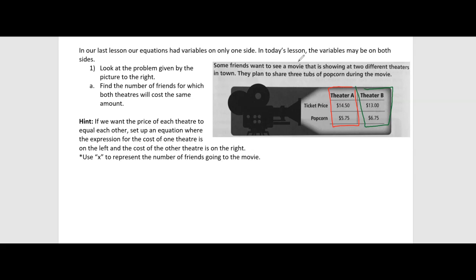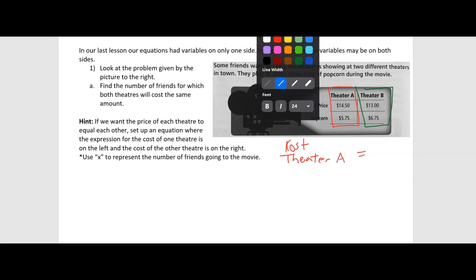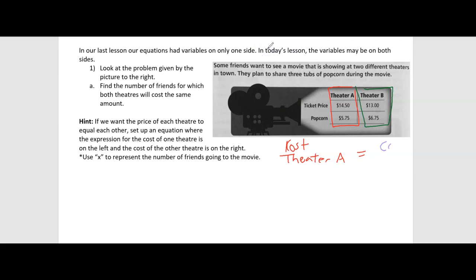And I tell you to use X to represent the number of friends going to a movie. So here's what I mean by that. I need the cost of theater A to equal, we'll use purple, the cost of theater B.